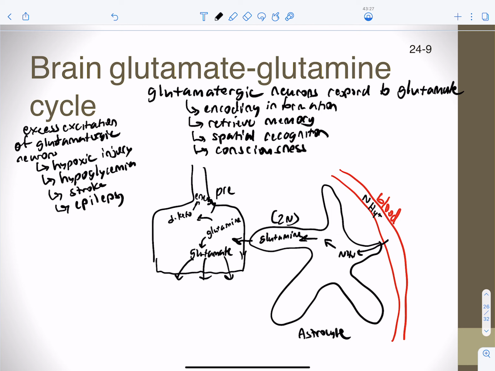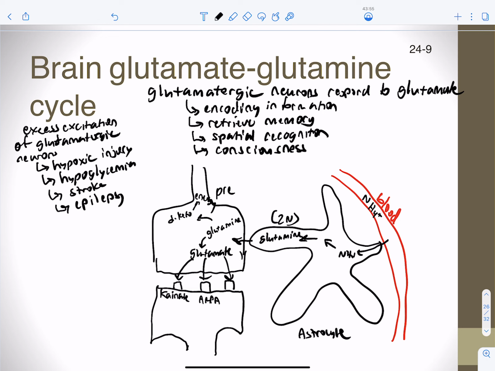And then you're going to have different receptors on your postsynaptic nerve, and they're named different things. Not important for this. You'll probably get this in neurobiology.